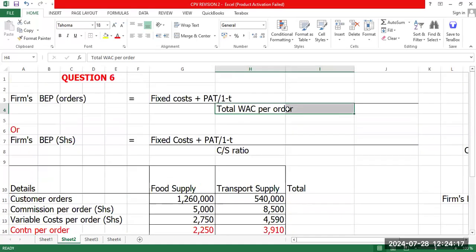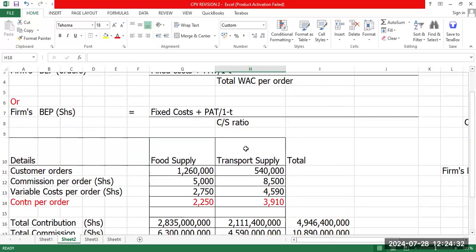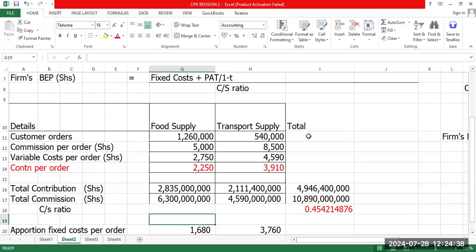It's only total weighted average contribution per unit where we add what we have here plus here, looking at each product separately. When it comes to contribution sales ratio, we don't consider that. We consider the overall total.